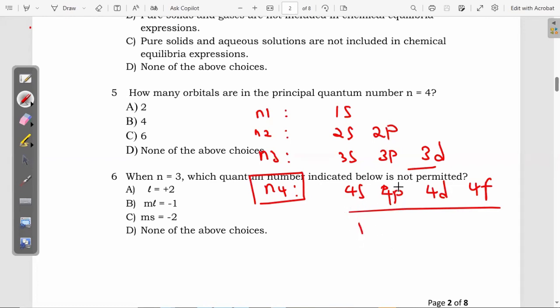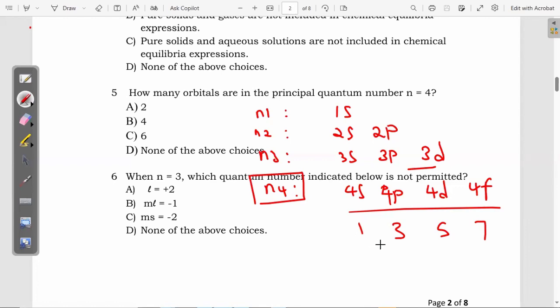And then here I have the P subshell, which has 3 orbitals. The D subshell has 5, and the F subshell has 7. Okay, so they increase by 2 like that. So if we had a G somewhere there, it will have 9.